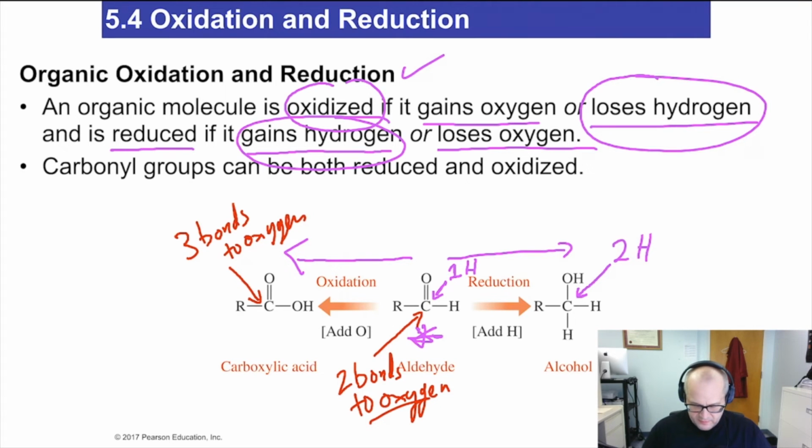Three bonds to oxygen. Now, I know what you're thinking. Why am I talking about bonds? How come I don't just talk about the total number of oxygens? Well, it's a good question. Notice on this molecule here in the front, that carbon only has one oxygen, right? So does that one. They both have one oxygen.